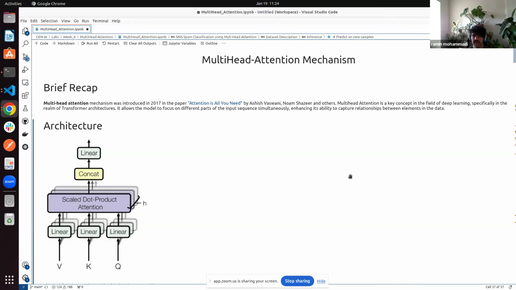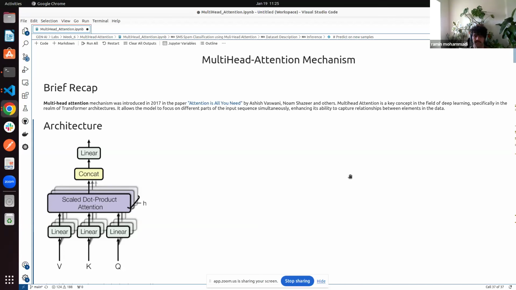So multi-head attention, technically, it's similar to the attention mechanism, with one main difference: in the attention mechanism we process the embeddings that we have in one go. However, in multi-head attention, instead of just doing the process one time, we break the process into multiple heads, or multiple times.